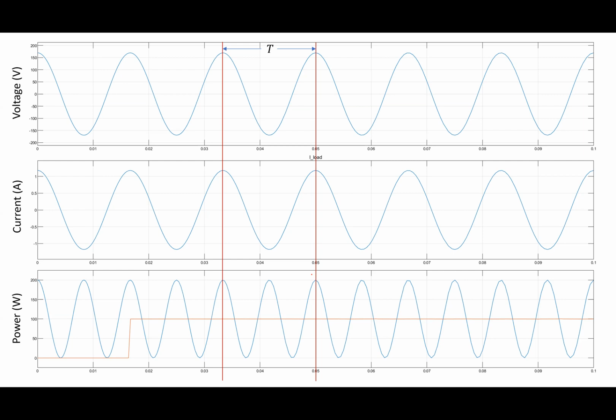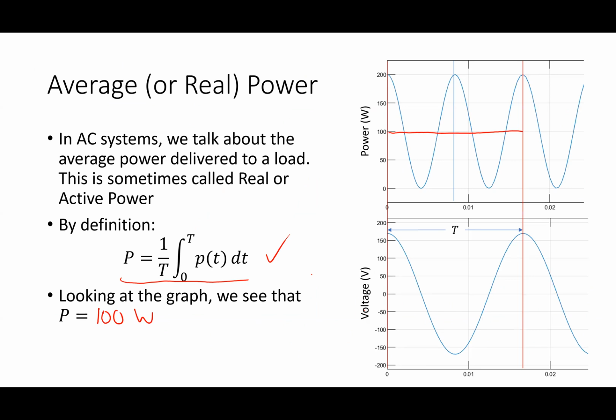There's a lot of different numbers I could use. Technically, there are infinitely many numbers between 0 and 200 that I could use to describe it. So what we use is the average power absorbed by that load, and that average power is 100 watts. That can be carefully related to the peak values or the RMS values of the current and the voltage. That is what we'll talk about in detail on Wednesday.